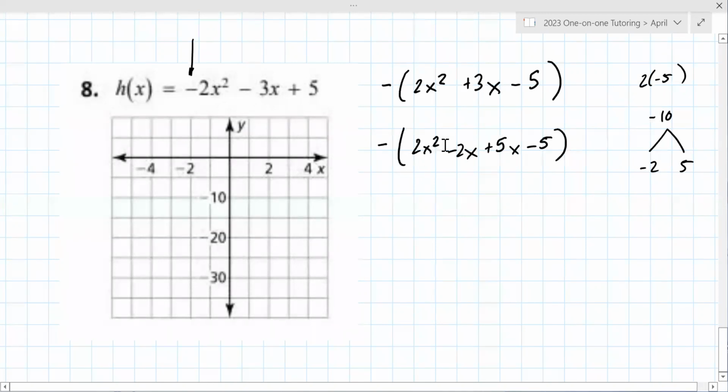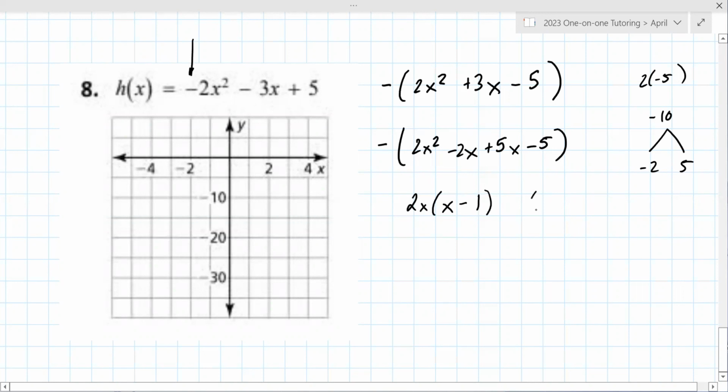So now this is where you use grouping. You figure out, well, what's common between 2x squared and -2x? Factor out 2x and you get 2x times x minus 1.